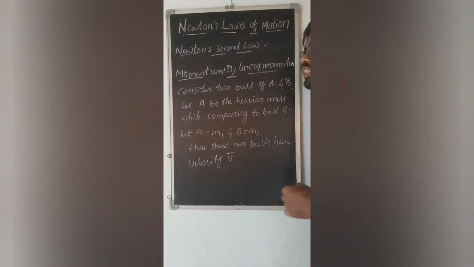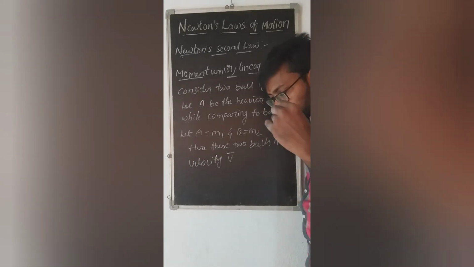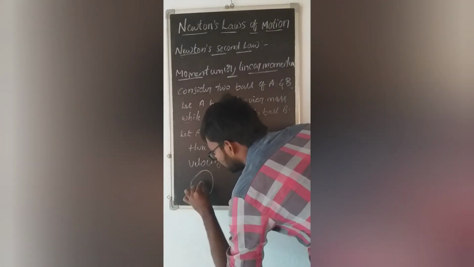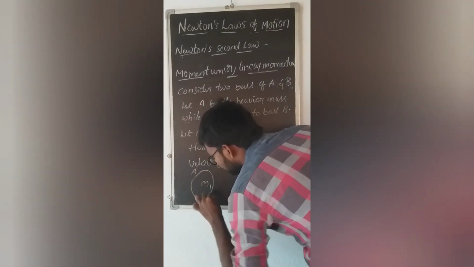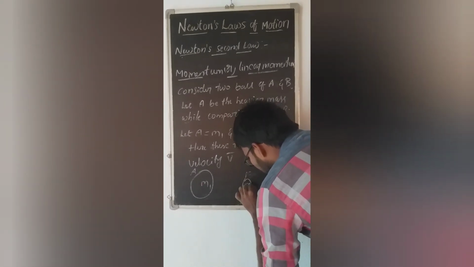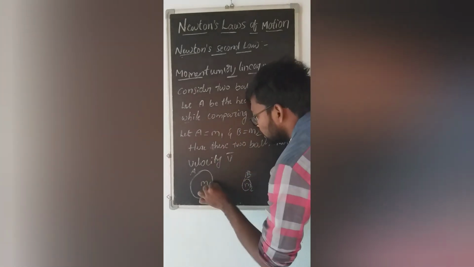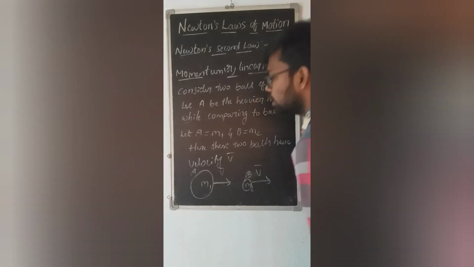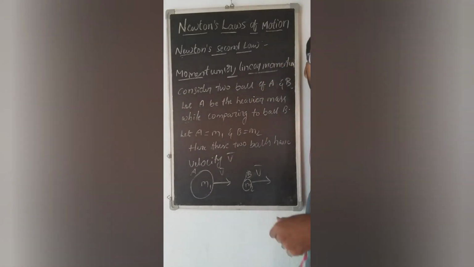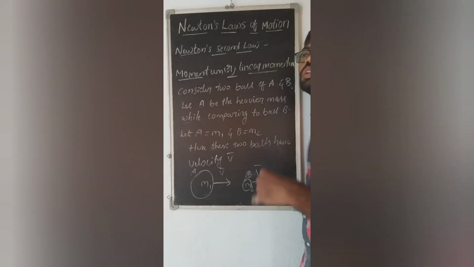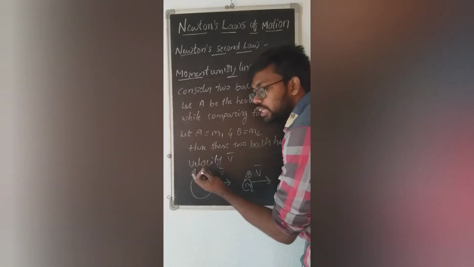But if we consider it diagrammatically, for example, this is ball A of mass m1 and this is ball B of mass m2. Both are moving in this direction with velocity v bar. If we try to stop both balls, then compared to stopping ball B, ball A requires more force.